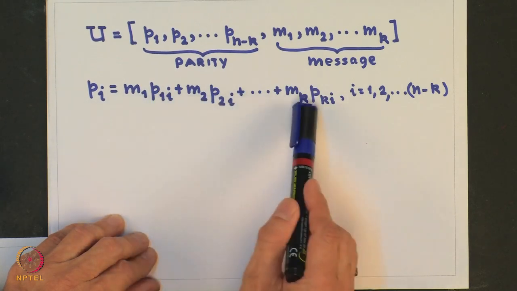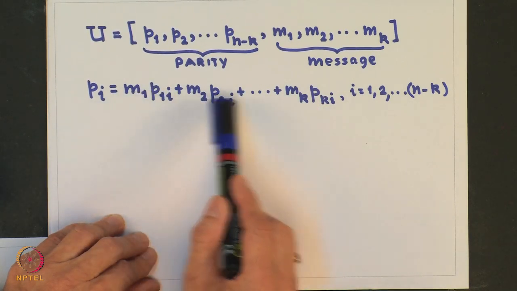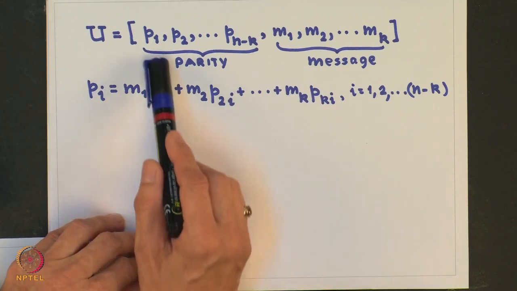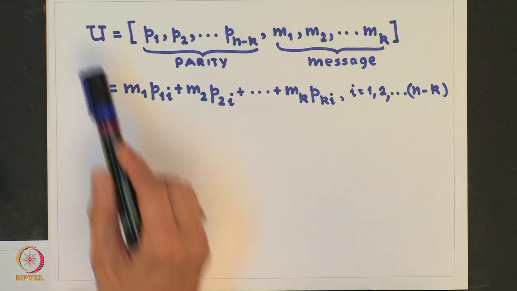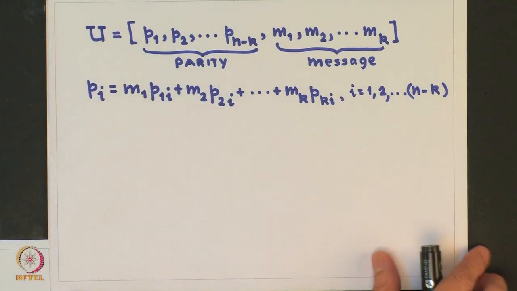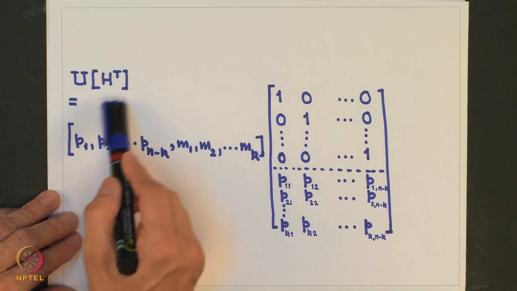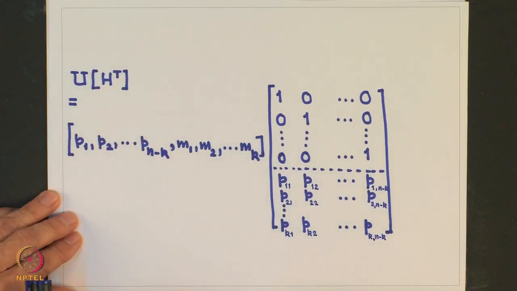It is a linear combination of the elements from the parity array, and with this definition of our code word, it is now easy to see what happens when I take U code word and multiply with H transpose.